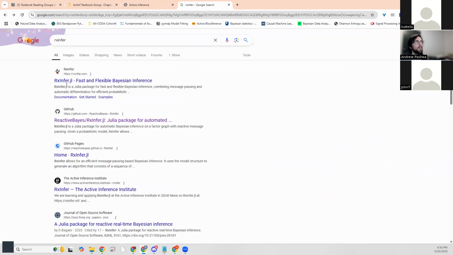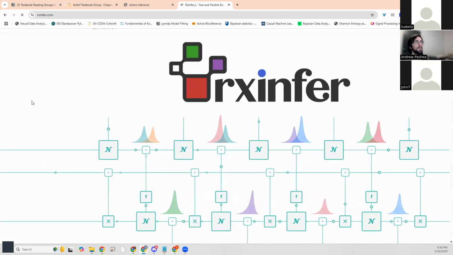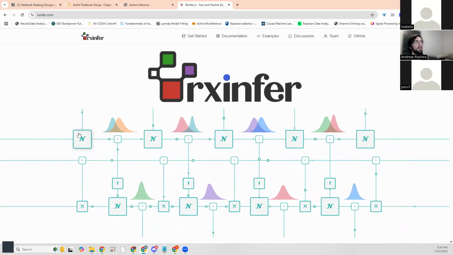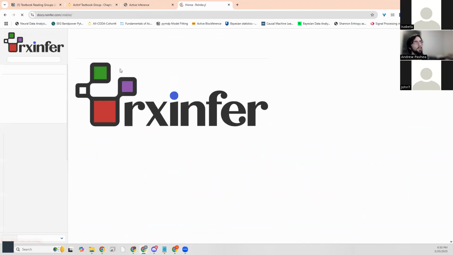The reason I bring it up here and now is that, in my opinion, this offers some of the most interesting tools for looking at continuous time, and such a cool website, right? Continuous time models.